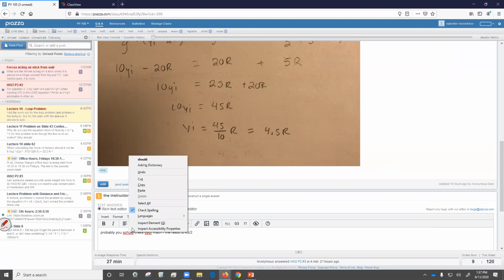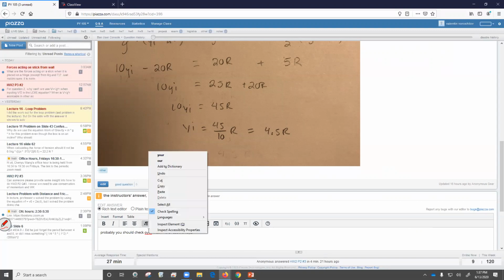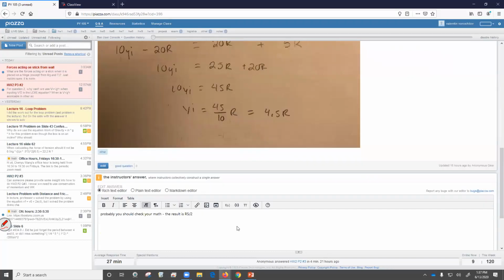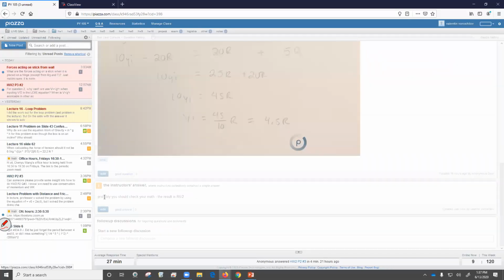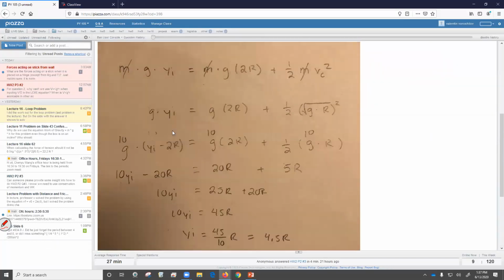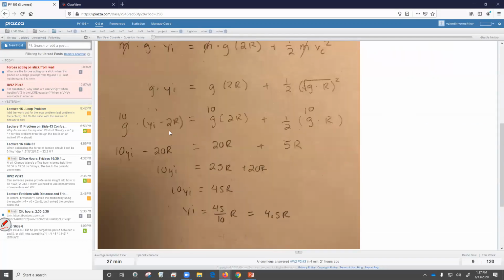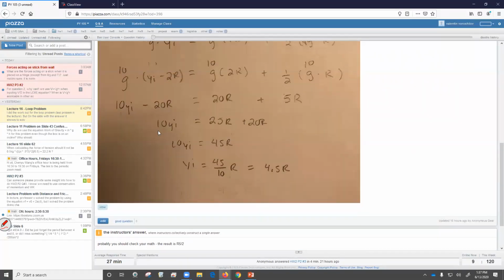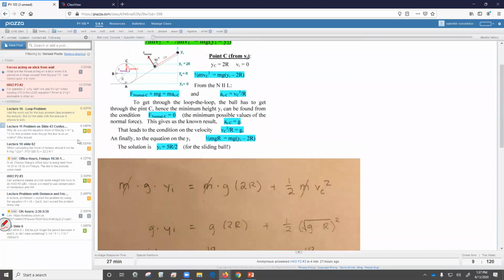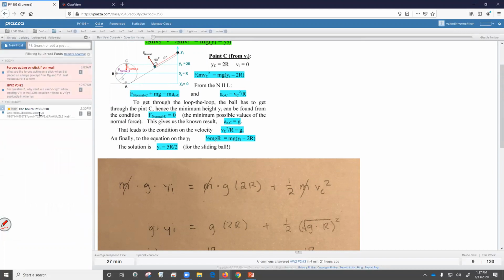Typos. Something is happening in my brain. Finding a mistake actually is harder than doing it right in the first place. So if anybody can check it, please check. The right answer is 5r over 2.